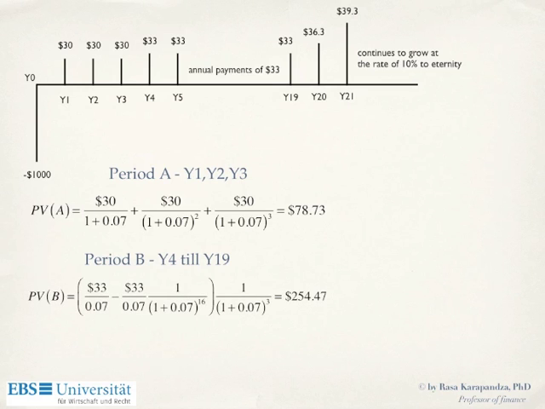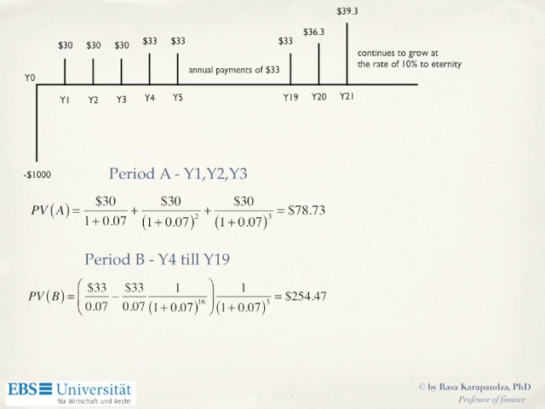So I can use the annuity formula. C over R minus C over R times 1 over 1 plus R to the power of 16. Because looked from the perspective of year 3, this last payment is in year 16 in a sense. And now, if you calculate this thing in the big parenthesis, this is how much cash flow B is worth from the perspective of year 3.